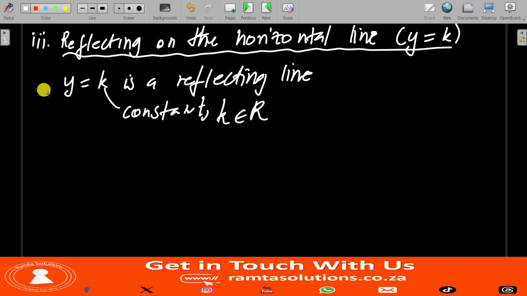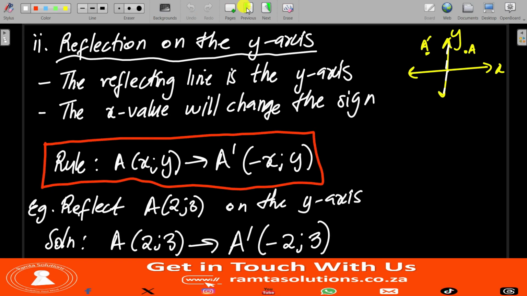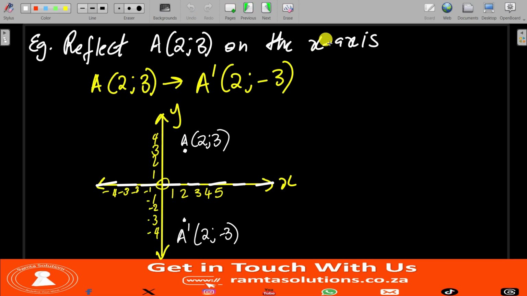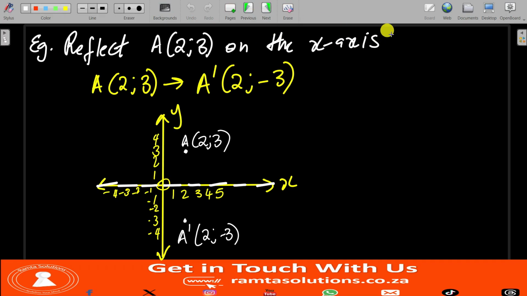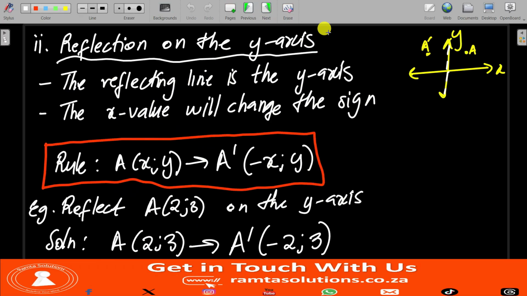Okay, perfect. So this one is slightly different to reflecting on the x-axis, right? Because what is happening with reflecting on the x-axis is basically to say we are reflecting on y equals 0. This is the x-axis, and then on the y-axis it's basically to say we are reflecting on x equals 0.